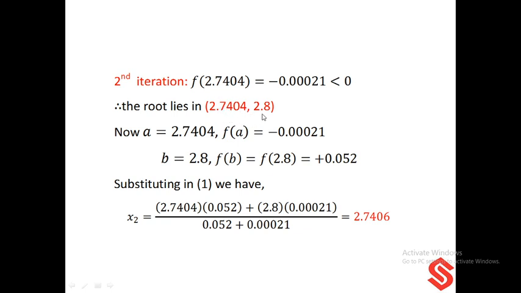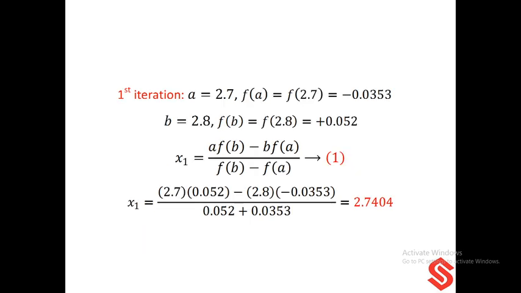A is 2.7404, b is 2.8, and you know the values of f of a, that is minus 0.00021, and f of b is 0.052. Substitute in the formula 1, we get the second approximation, that is x2 is equal to 2.7406.